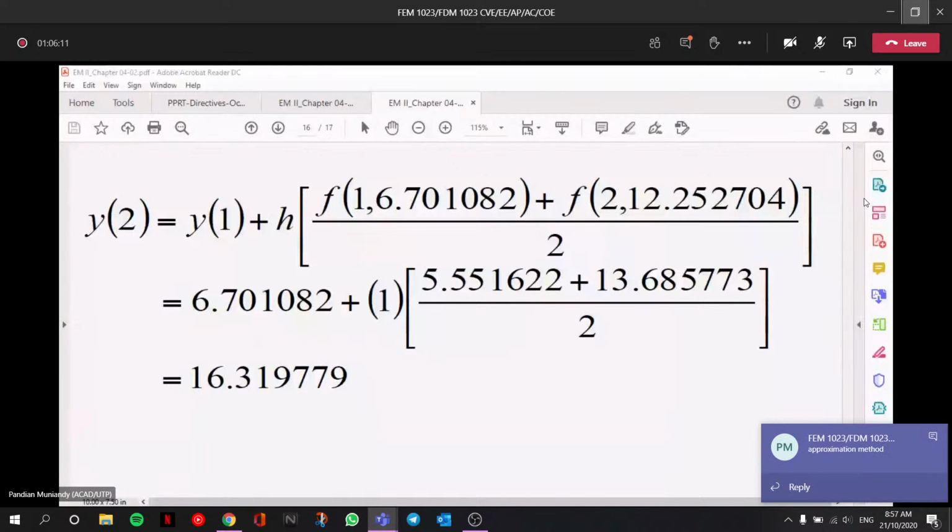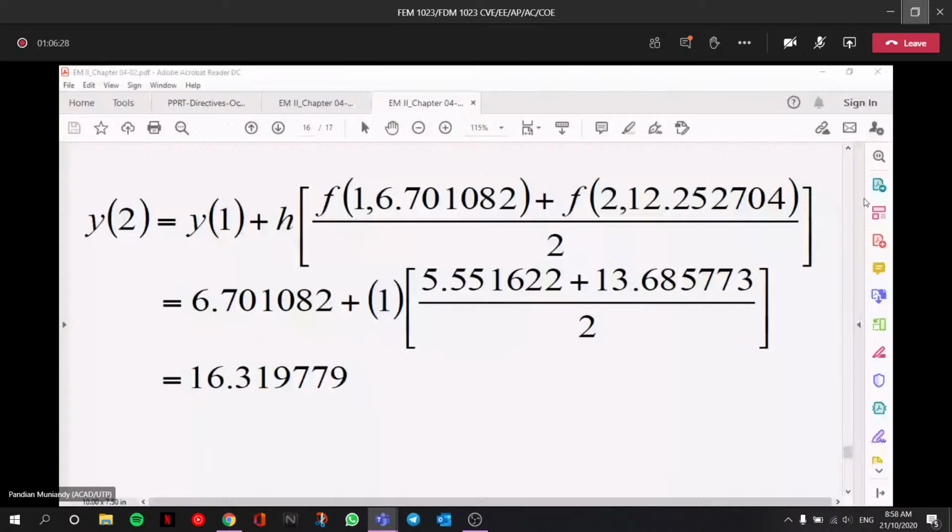This is approximation method. If your answer is 5 decimal point correct, okay, we accept it. 6 decimal point correct, we accept it. 7 decimal point correct, we accept it. But we cannot keep on increasing the decimal numbers, class. You must remember, this is time-consuming method. Another disadvantage, takes a lot of time.